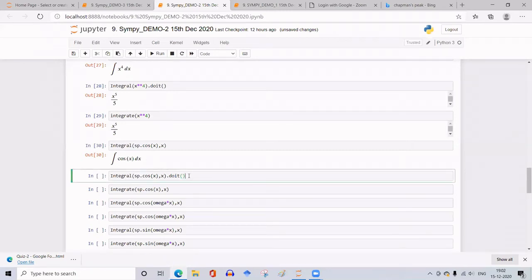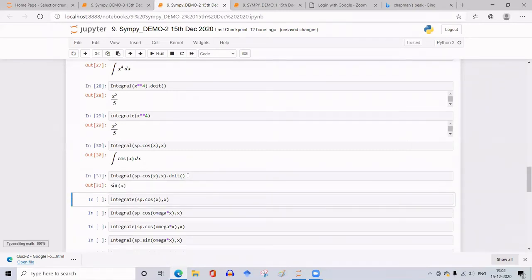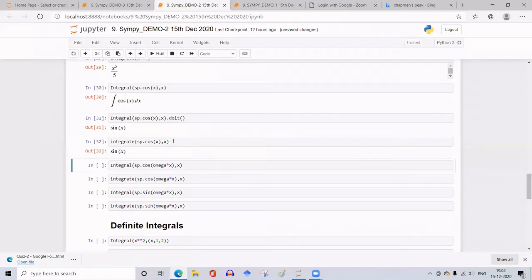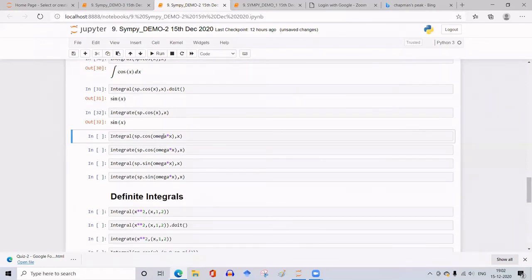And if I evaluate it, I'll get the answer: integral cos x dx is sin x. Similarly, that I can do directly with integrate sp.cos x comma x.